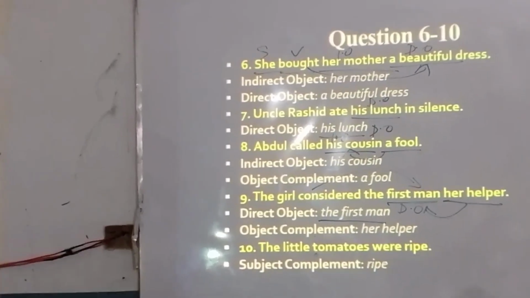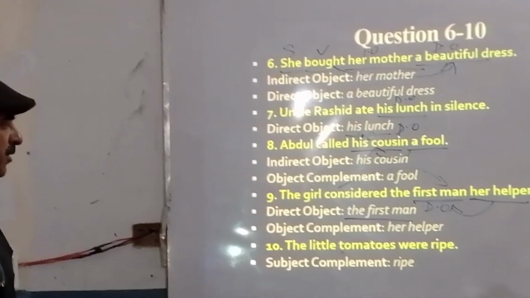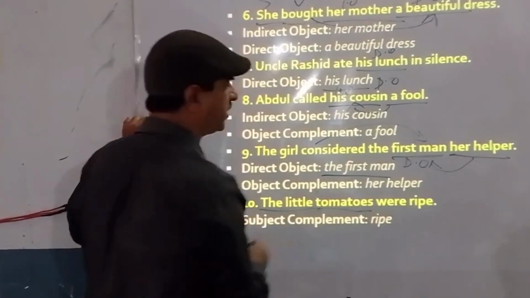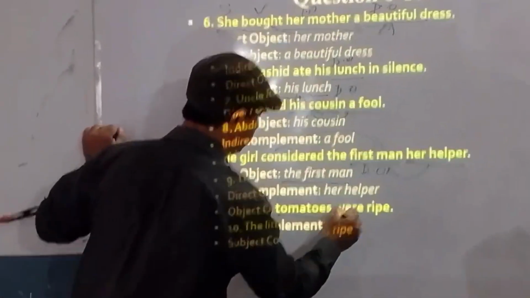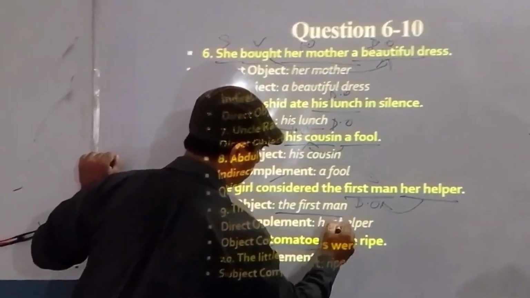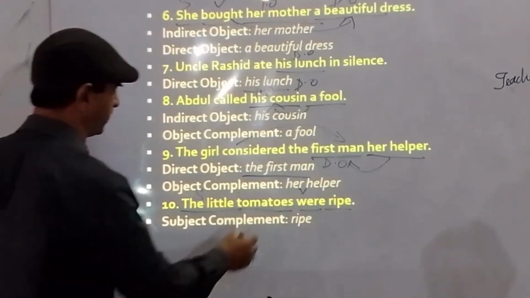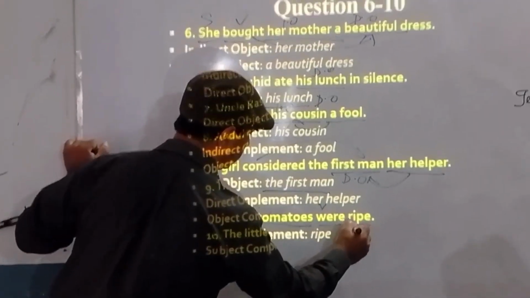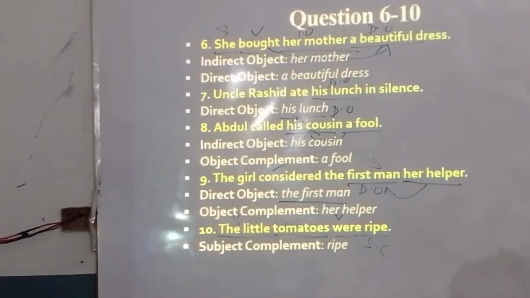Next one, the little tomatoes were ripe. What is the little tomatoes? Subject. What is were? Verb. Ripe is completing the subject, tomatoes. That's the reason ripe is SC, subject complement. Clear?